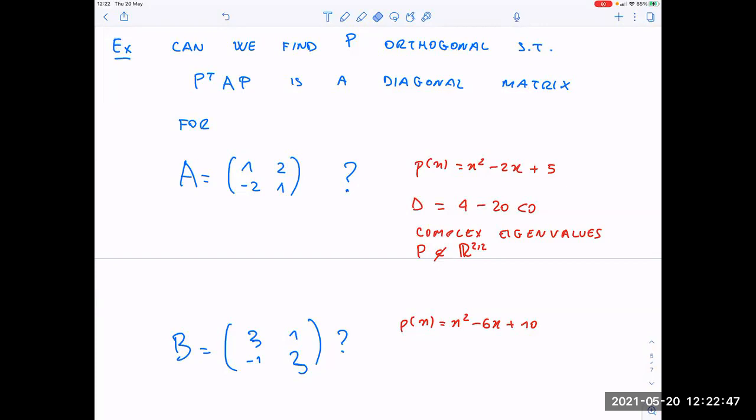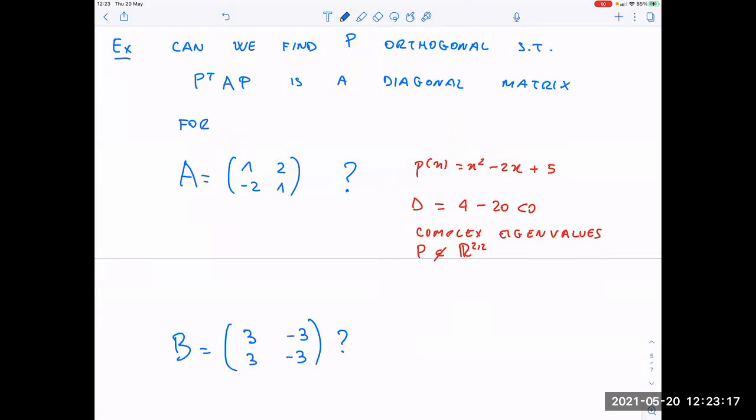So we want real eigenvalues. Okay, now I know what to do. So let's change it a little bit. Sorry, let's change this matrix B in the following way. Say that it is something like 3, minus 3, 3, minus 3.